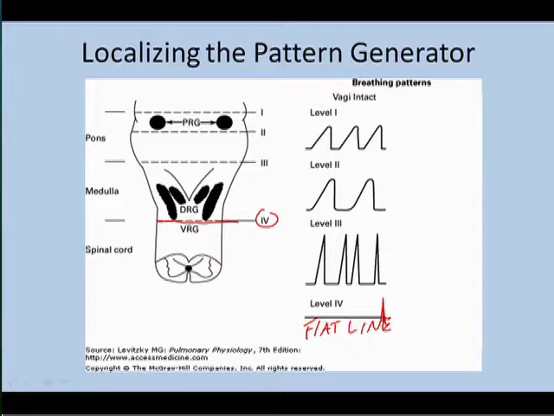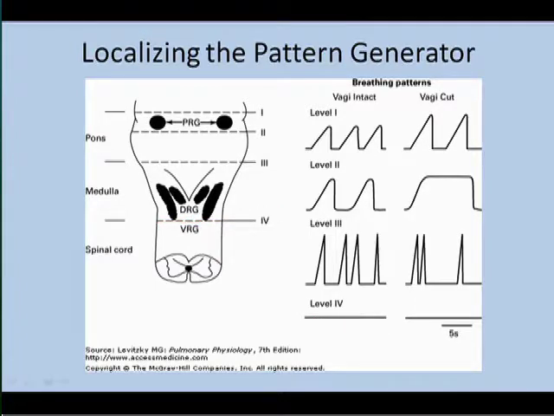The point that I'm trying to make is that breathing continues even after transecting at level 3, and breathing stops after transecting at level 4. So even though the pattern is irregular, its site of origin is in the medulla. What is lost when the brainstem is transected at level 1 or level 2 is what I would describe as fine-tuning. You can conduct the same series of experiments before and after transection of the vagus nerves.